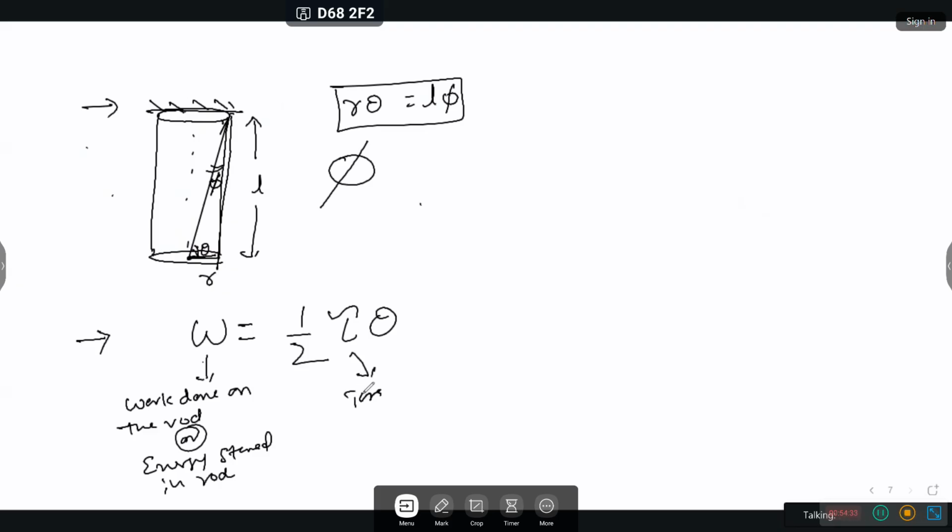Torque, angle twisted, twisted angle simply. Twisted through an angle theta, that's all.